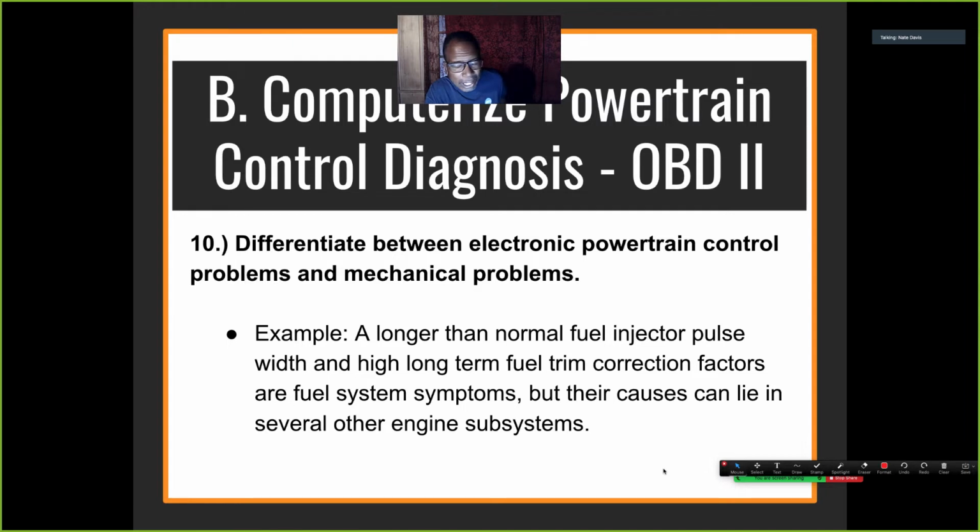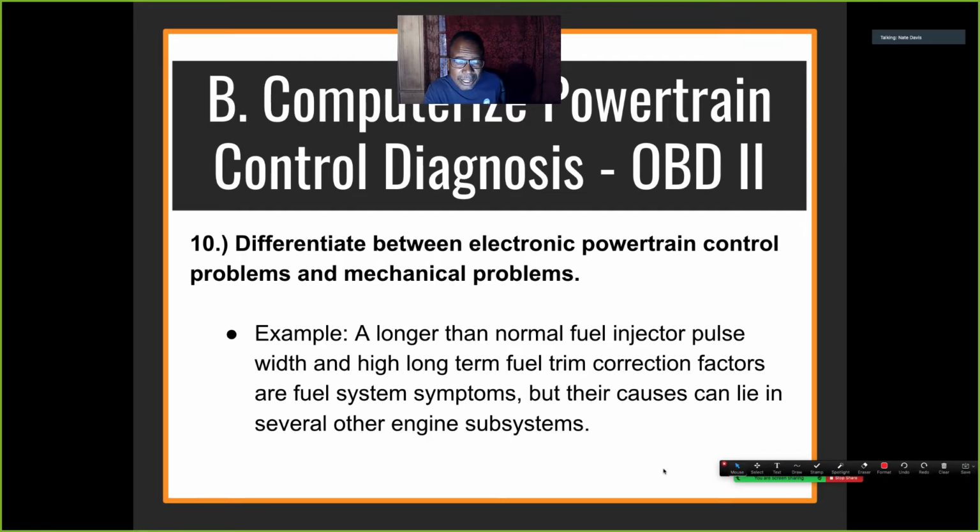Now, how do you think that would cause this situation? So for example, less vacuum means you're accelerating, you're demanding more fuel. Right. So a low vacuum is you're under a load.